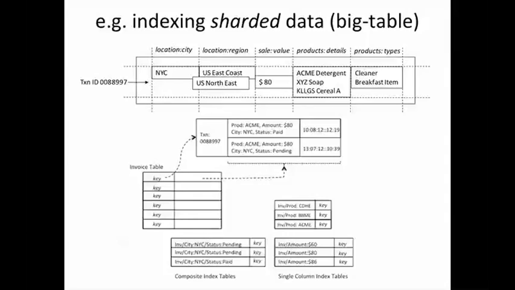For example, let's take our big table of records which indicate invoice transactions, for example, which are to do with billing of some kind for some products. So our main table is the invoice table, which has keys, which is the transaction, which might have different values for different timestamps, as we've discussed earlier.